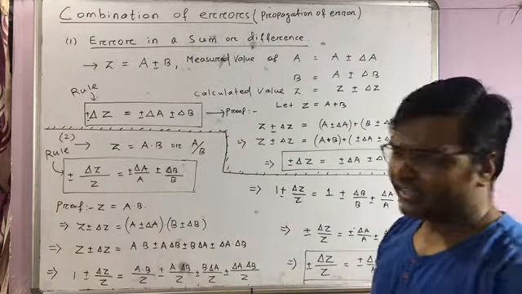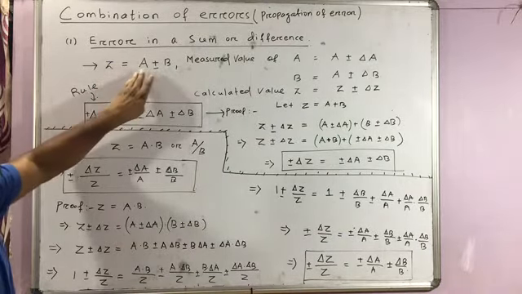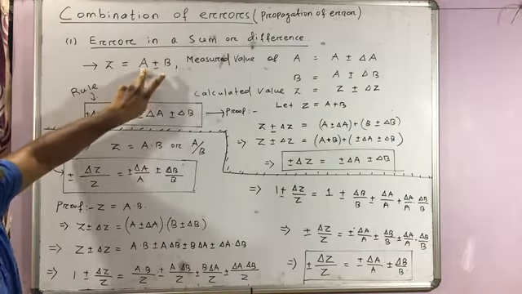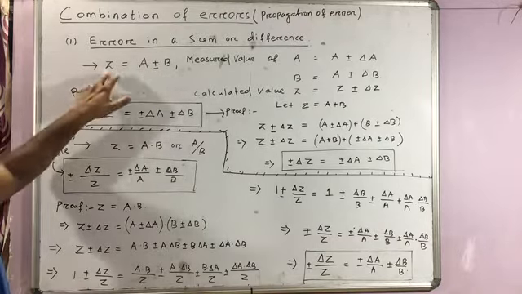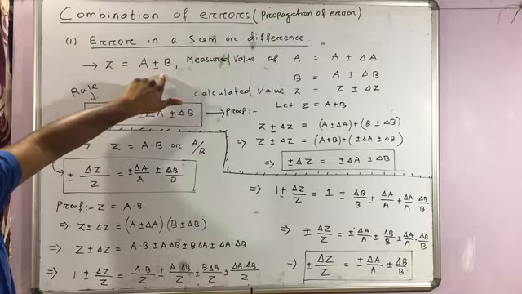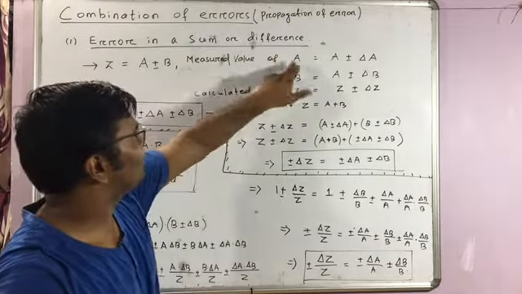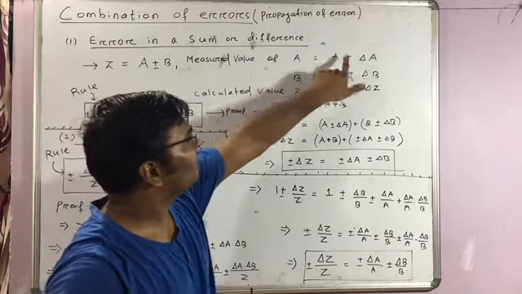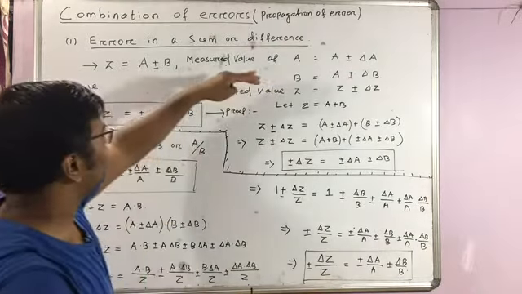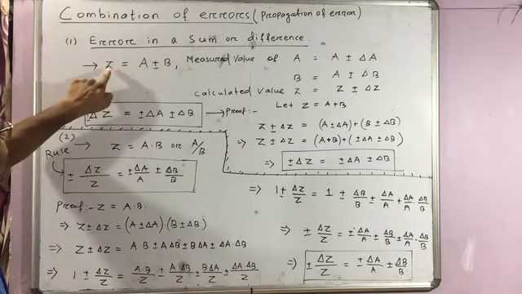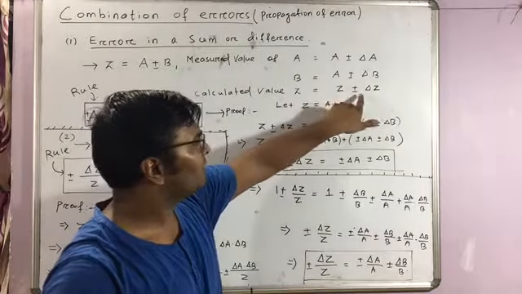Suppose there is a physical quantity Z that will be calculated by the sum or the difference of two measured physical quantities, like A and B. Means Z is equal to either A plus B or it may be A minus B. For both of these, A and B are actually the measured values of that physical quantity, and while measuring we can report the result of A. That means the measured value of A will be A plus or minus del A. Similarly for B we can write B plus or minus del B, and the final result of this calculated quantity also we can report in the same manner, the true value with the error part.